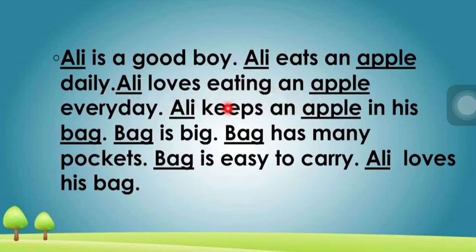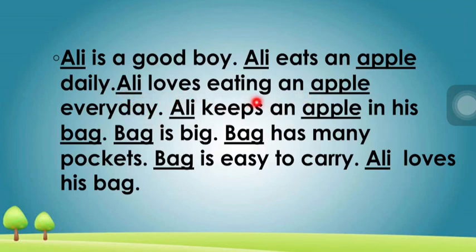No, since we write them and they for so many things, and this is a single thing. So what are we going to write here? Ali loves eating it. Why are we using it? Because this is a single object. We use it with a single object and with animals.